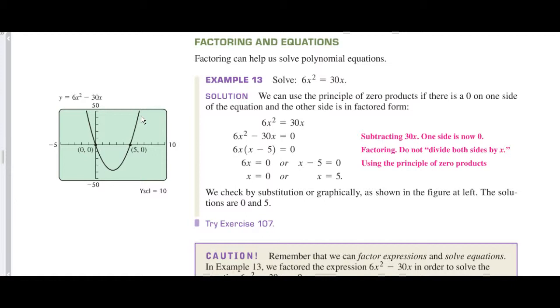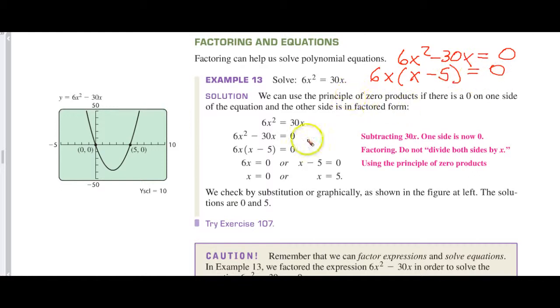So now we're asked to solve this equation by finding the zeros. So we're going to get 6x squared. I'm going to transpose that, get a negative 30x equals 0. This is now in standard form of the quadratic equation. I'm going to factor out 6x from both terms, and I get x minus 5 equals 0.